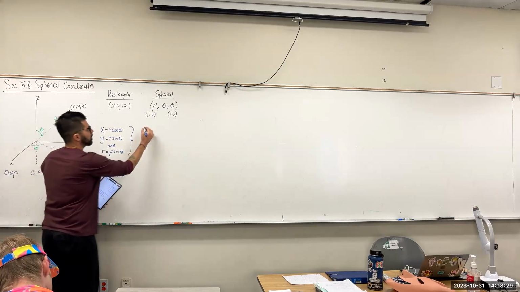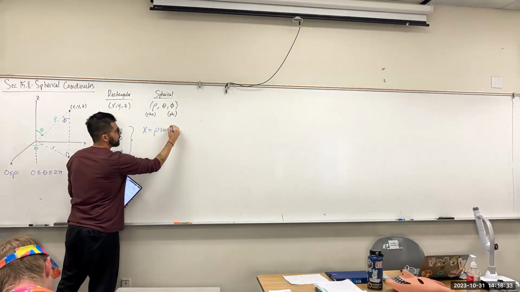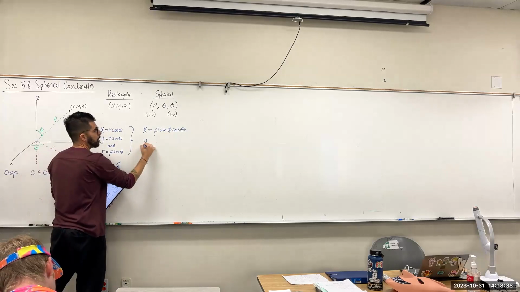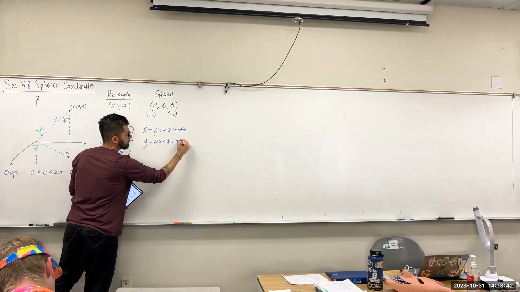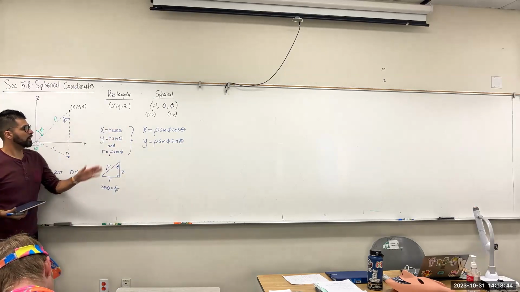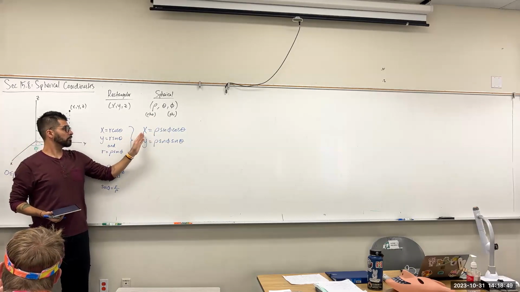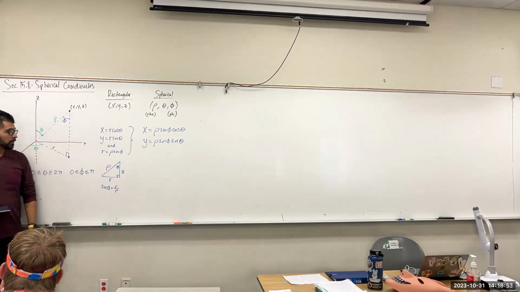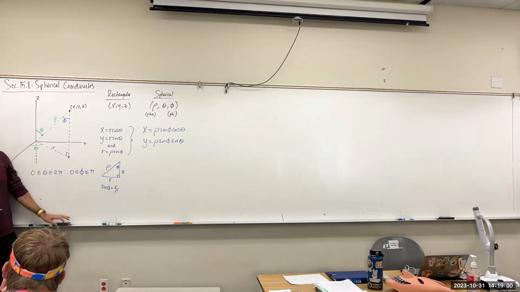That gives me my conversion. x is going to be rho sine phi cosine theta. y equals rho sine phi sine theta. So that tells me how to convert between spherical and rectangular with x's and y's. The theta is the same as the cylindrical; the theta and the r are the same.